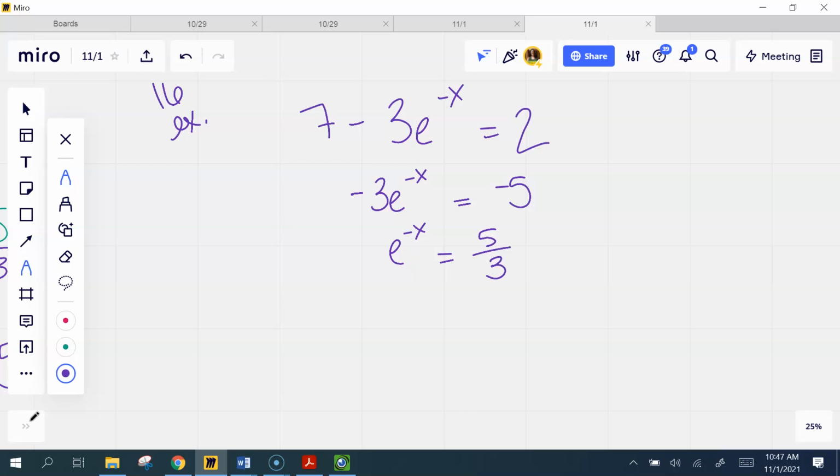So everybody can get to that point, then you don't know what to do after that. Yes, because there's no way. I don't know how to make 5/3 have a base of E. Do you? No. So my only other option is going to be that alternate to base manipulation, which is change it to logs. So it's a log base E of what?